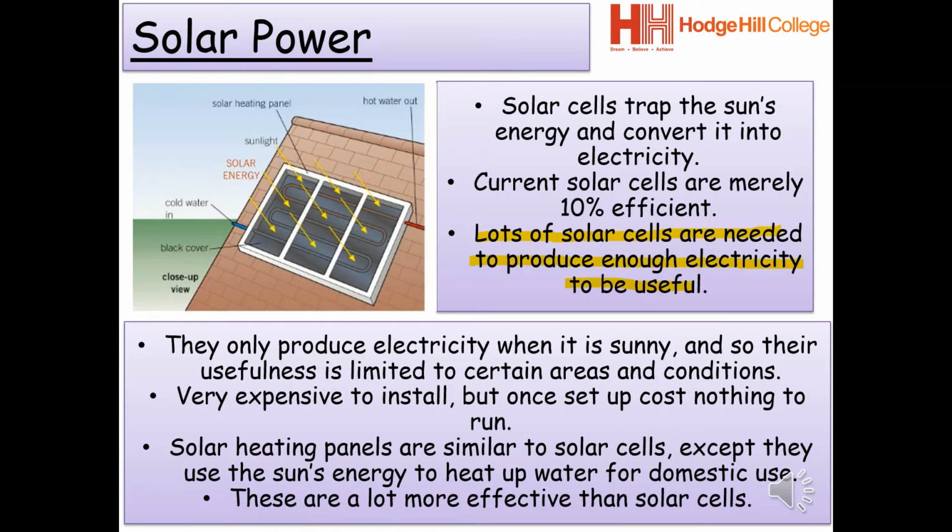Of course, you cannot use solar power all the time because it requires sunny conditions. Also, solar power tends to be very expensive to install, even though once you start it, you can maintain it after that. And some governments will allow you to get loans to install these solar panels.